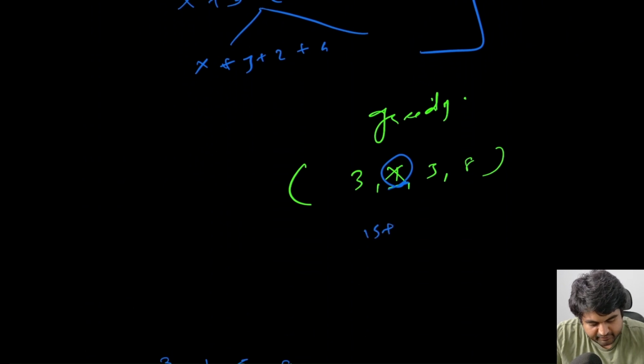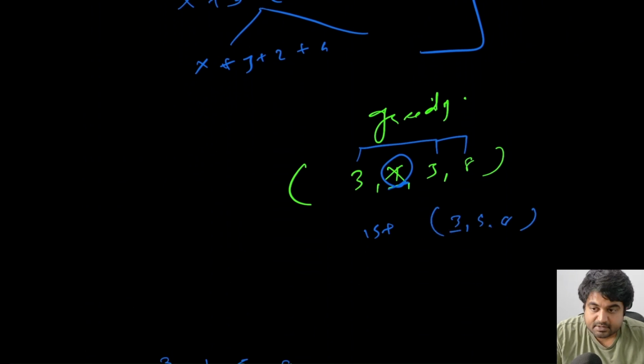Plus now we are left with 3 values, 3, 5 and 8. Once again logically we would be bursting balloon number 3. So if we do that, once again we would be generating the value as 3 multiplied by 5 multiplied by 1. So this would become 15. Plus same way we would be left with values 5 and 8. If we do that, we will be bursting value number 5, so the value would be 40, and plus lastly there would be value number 8, so this would become 8.